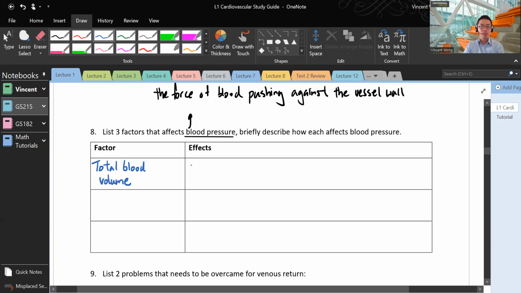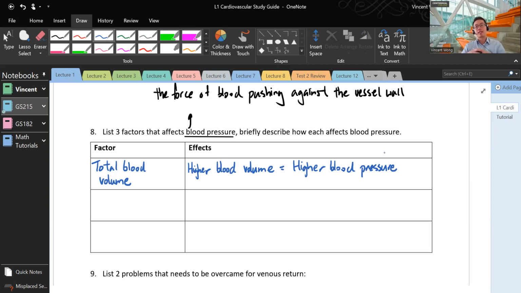So generally speaking, higher blood volume equals higher blood pressure. Okay, it makes sense, right? Like if you fill it up more in a limited capacity setting, then you're gonna have more blood pressure.